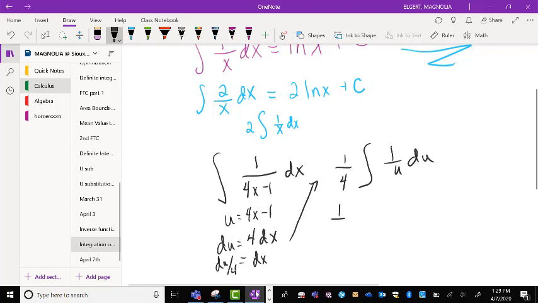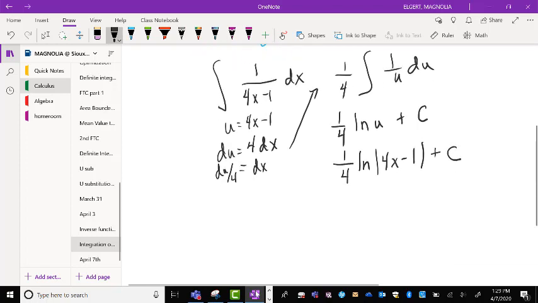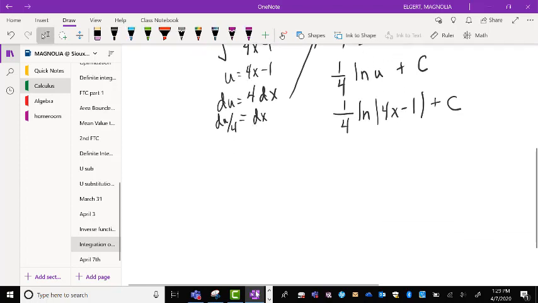The antiderivative of 1 over u would be the natural log of u plus c. And then substitute that u back in to put it in terms of x: 1/4 natural log, technically of the absolute value of 4x minus 1, because the natural log cannot be negative. If you forget your absolute values, I care, but I'm not going to count it off. So that's a u substitution.